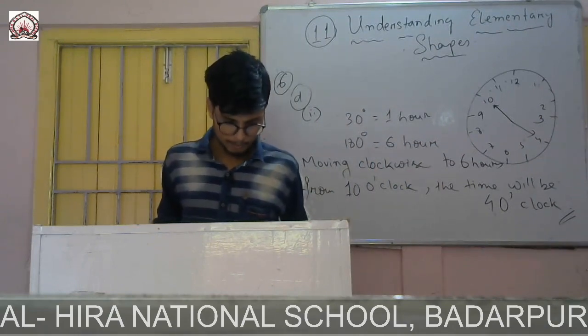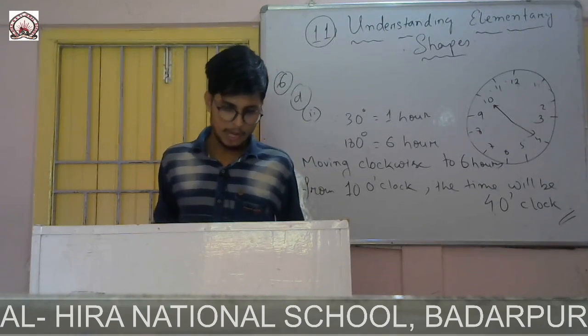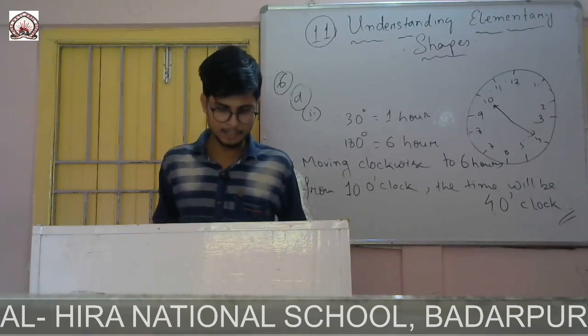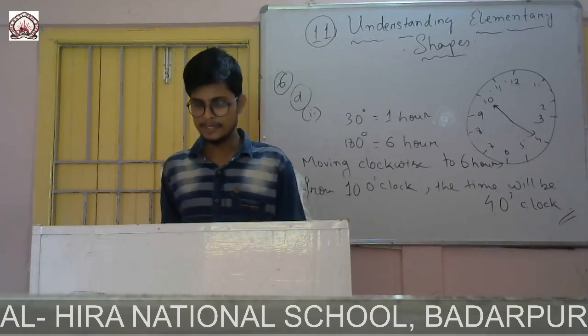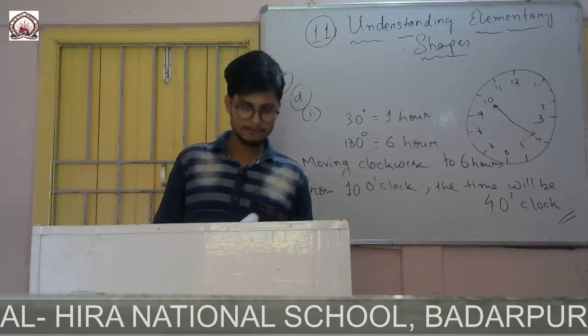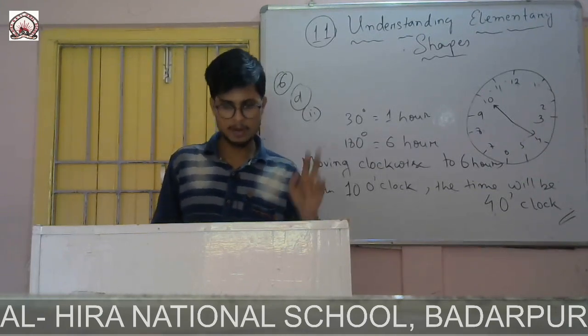Now E. Question number 6, E. Through how many degrees does the minute hand of the clock turn? So through how many degree the minute hand of the clock will turn if the clock turns only 1 minute.